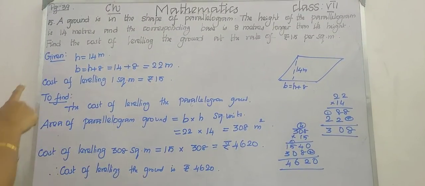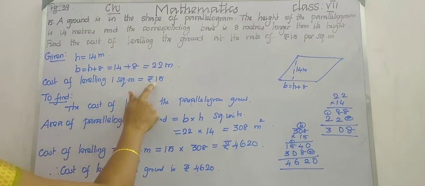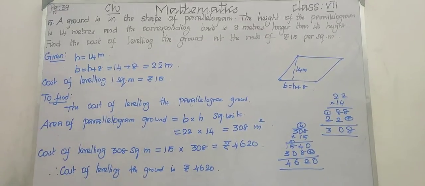So first we need to find the area of that ground. Base and height are given, so we can find the area very easily. We got the area as 308 meters square.